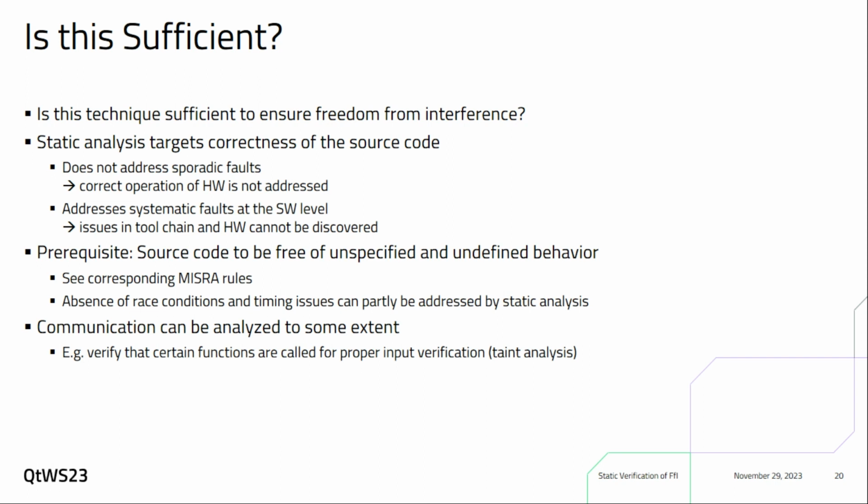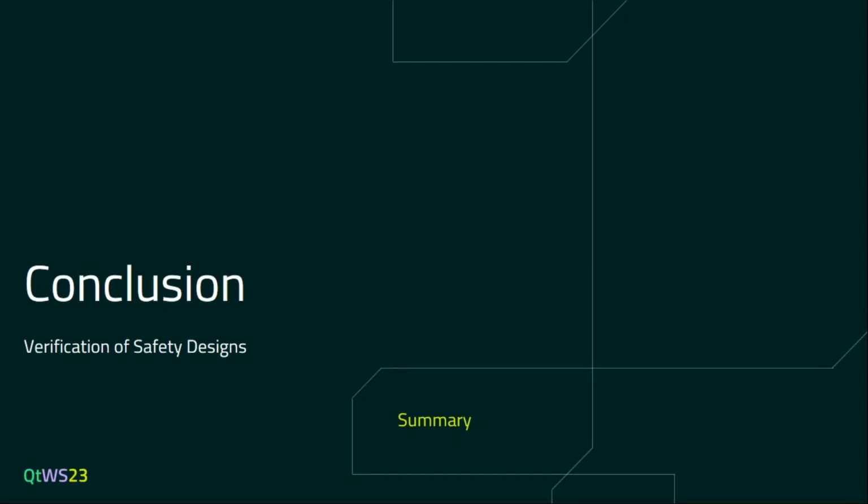This technology can also be extended to some extent if you consider communication among different elements in the software. If you can identify the corresponding communication partners and can, to some extent, ensure that proper input verification has been done, looking at taint analysis.